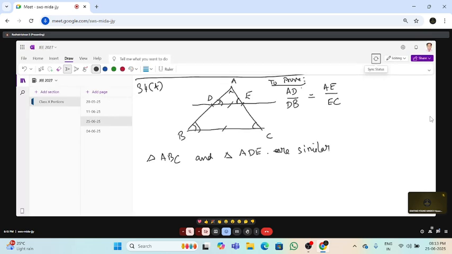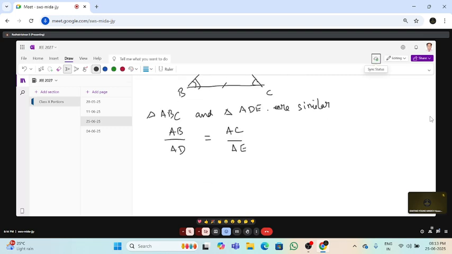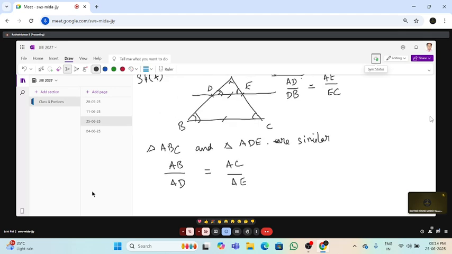So what is the property of similar triangles? The ratio of the sides of similar triangles are also equal. So AB divided by AD is equal to AC divided by AE by the properties of similar triangles. Correct? And what is AB? AB is AD plus BD.